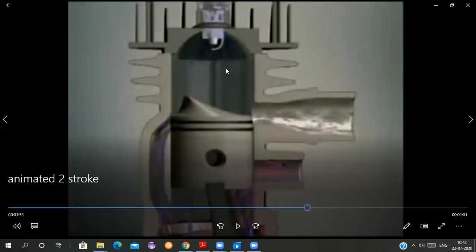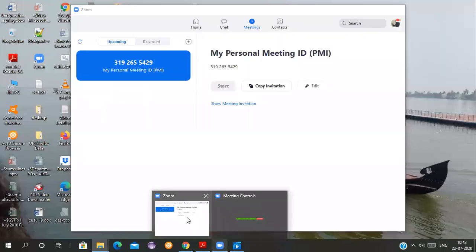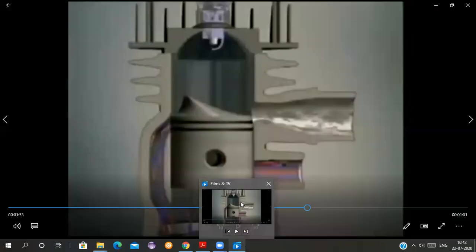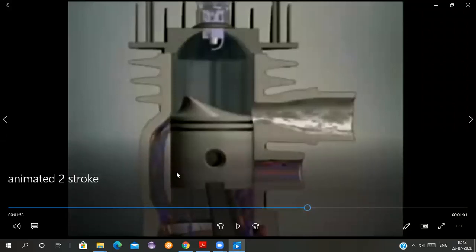Just observe it. See, the heat is produced due to the power stroke, because of the burning of the fuel, and that heat is supplied to the cylinder walls and to the piston also. The heat is supplied everywhere. But because the air and fuel mixture has burned in this small space, there is an immense pressure rise inside this small space.